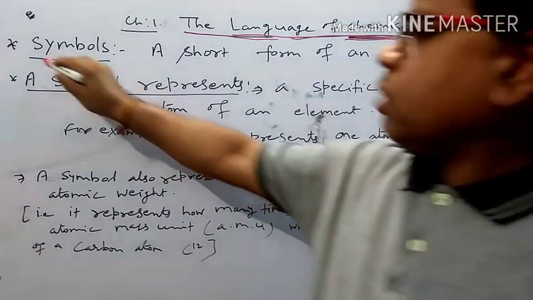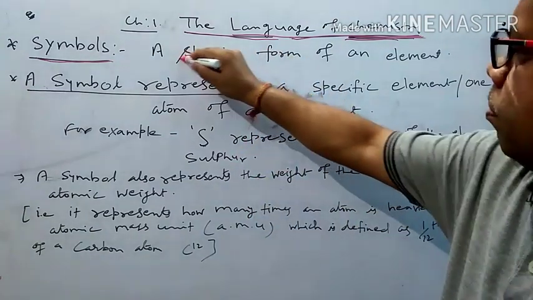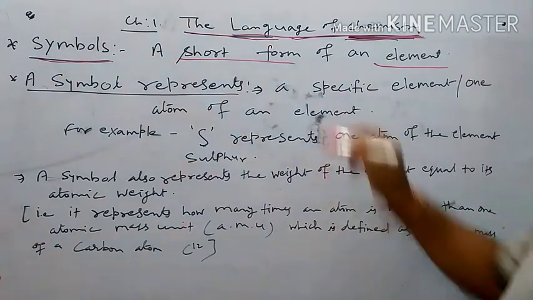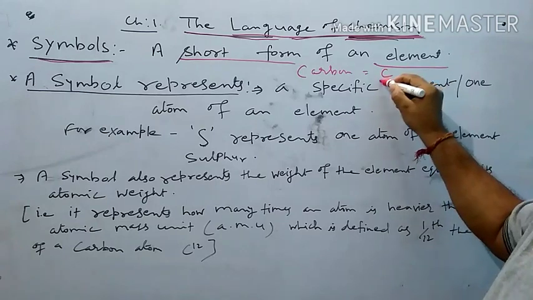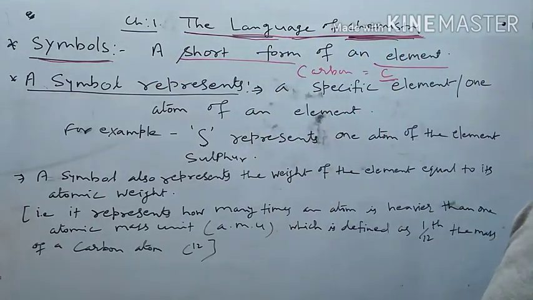So first, symbol. A symbol is a short form of an element. For example, carbon. Its short form is C. So C is the symbol of carbon.